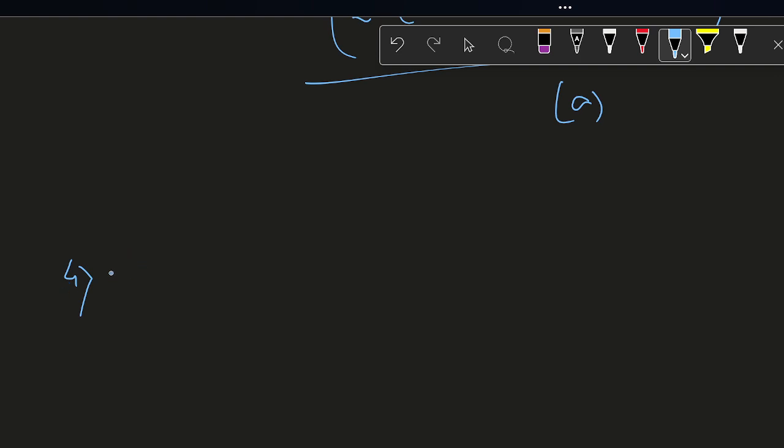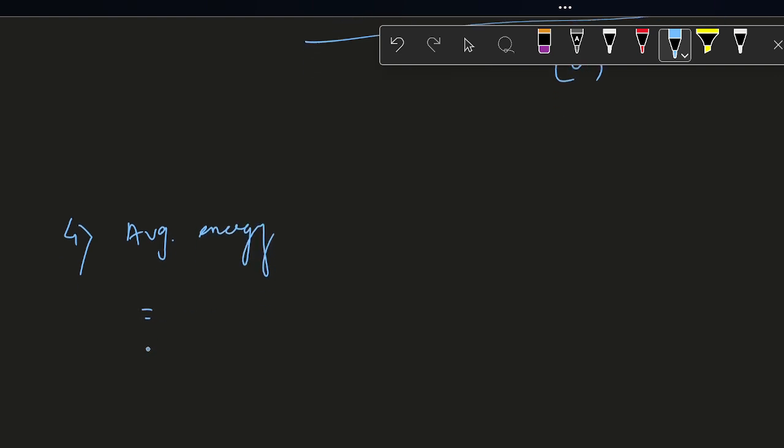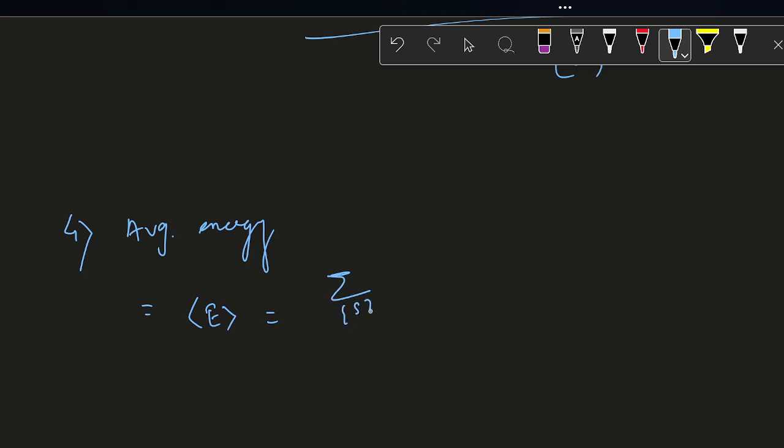How? Say you are asked about average energy. In this kind of ensemble problem, the average of any quantity, here the average energy, E average, is equal to the summation over all possible spin configurations of the energy, which comes from the Hamiltonian itself, because the Hamiltonian represents energy, so H of the configuration {S}.